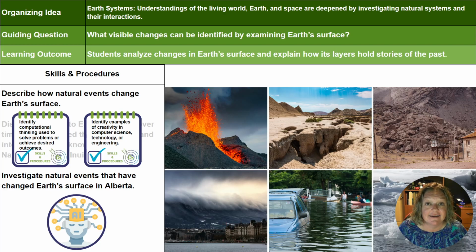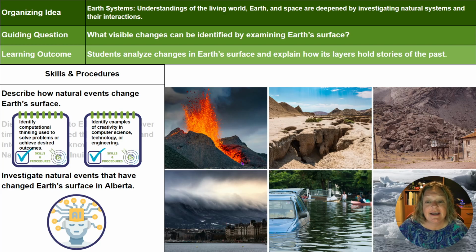We can ask students to look for examples of creativity, or we can have these discussions with our class about how scientists and engineers have found creative solutions for problems that have been created by natural events changing the surface of Earth, and how we use land has changed over time because of these natural changes as well.